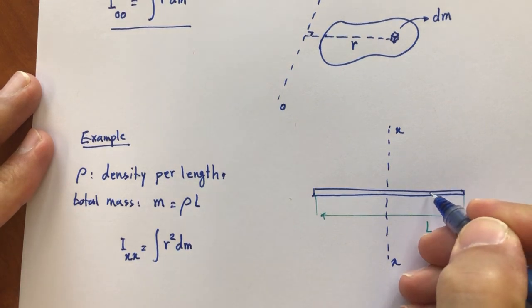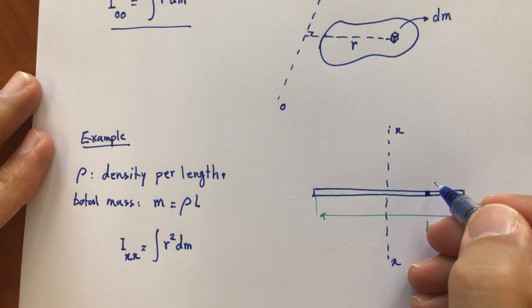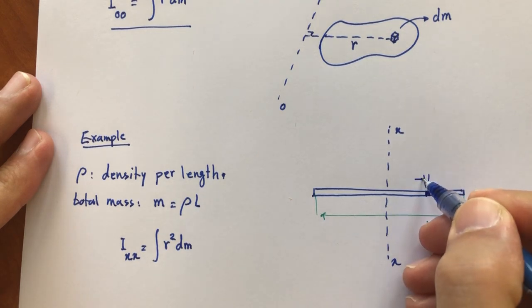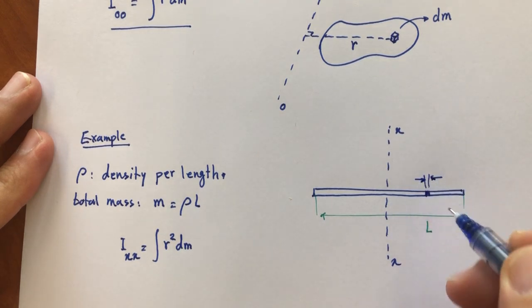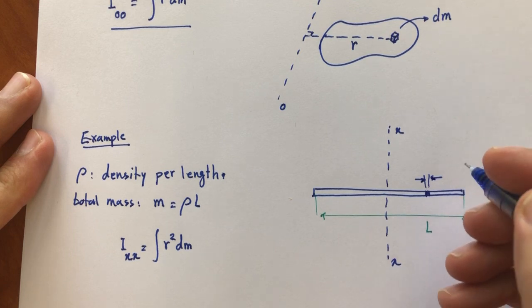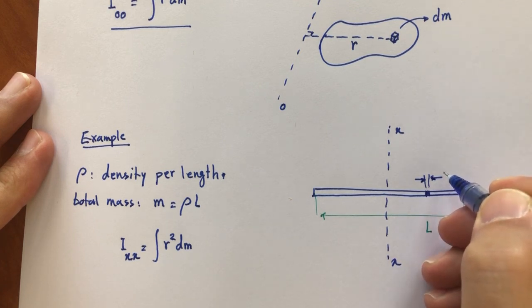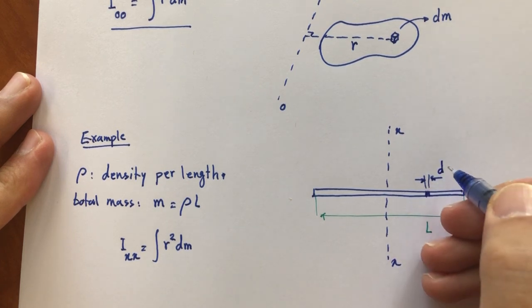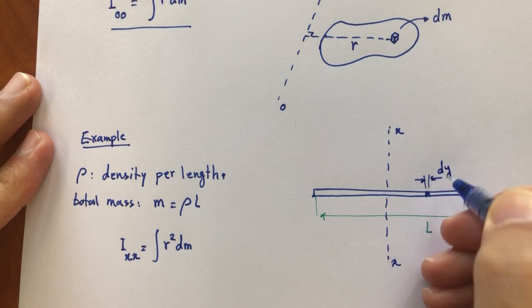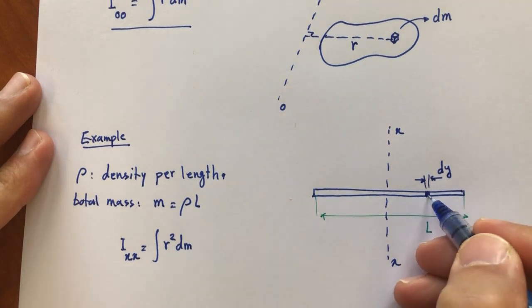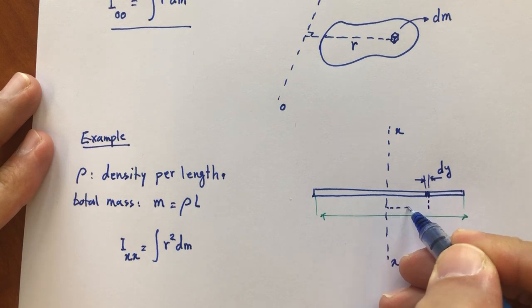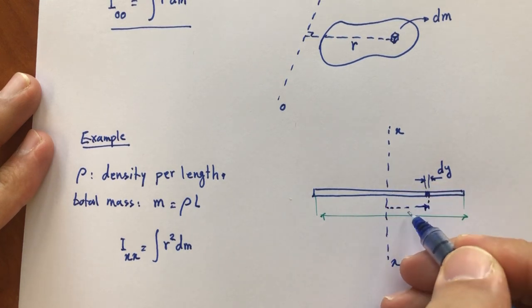So if you consider any tiny piece like this one, let's say this length is just dy, and the distance of this piece from this x-axis is y.